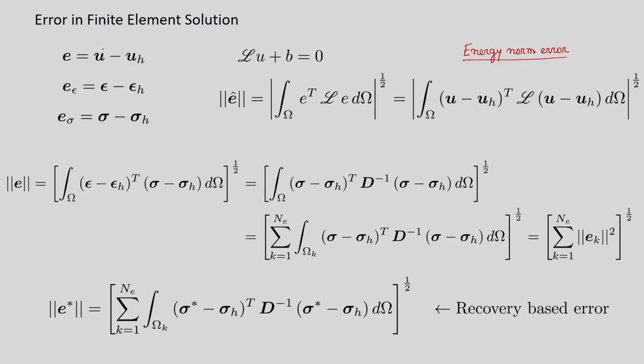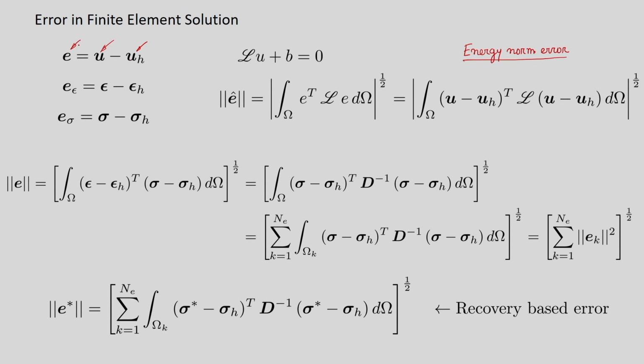Here suppose u is the exact solution of the problem, and u_h, u with a subscript h, denotes the finite element solution. Then the difference between the exact solution and the finite element solution is defined as the error.